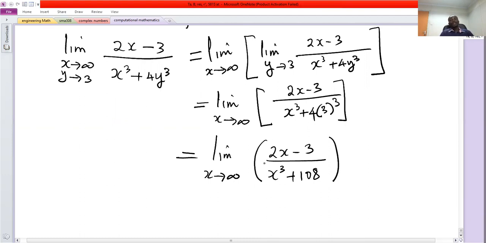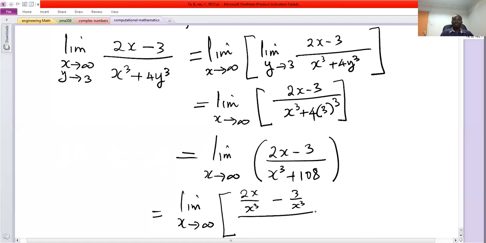With this rational function, we simply divide each term, both in the numerator and denominator, by x power 3. So this will be the limit as x approaches infinity of (2x over x cubed minus 3 over x cubed) over (1 plus 108 over x cubed).